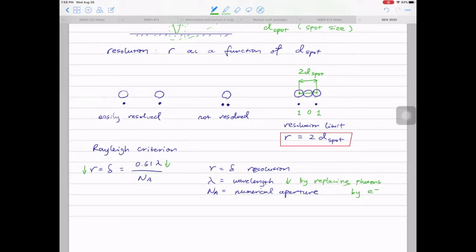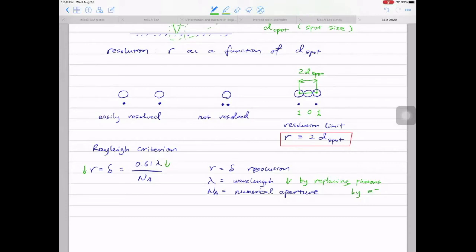So when we reduce lambda, we reduce R. By reducing R, we're reducing the distance, the smallest distance we can tell apart, so we actually improve the resolution.